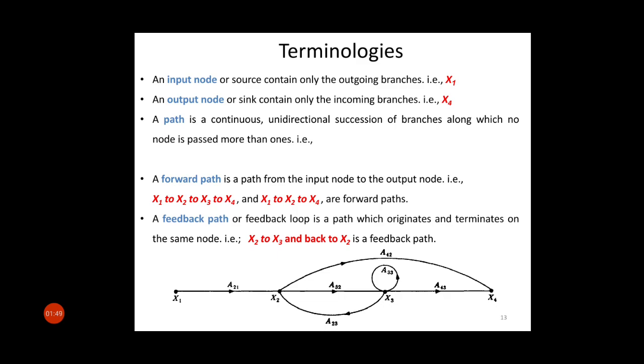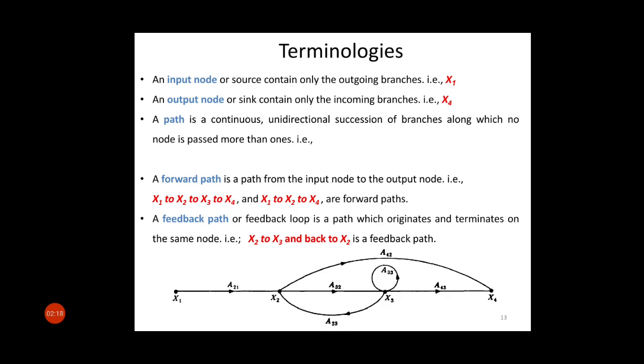That means the first path is this one, highlighted by the blue line, from x1 to x2 to x3 to x4. This is one path, and this is another path from x1 to x2 to x4, and these two paths are forward paths.